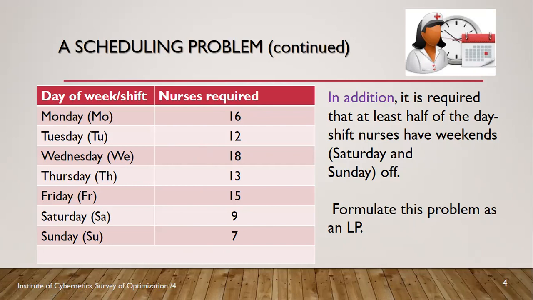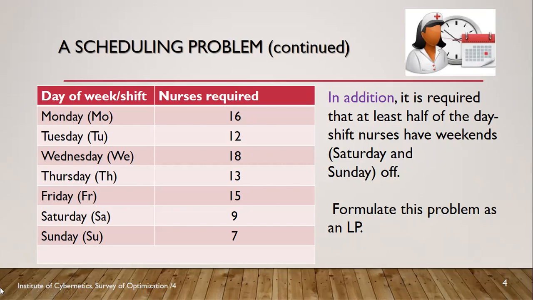But let's think about this. If we sum up all of the variables that reflect the number of nurses working every day, the number of nurses working on Monday will include those nurses that work different shifts. The first shift would be Saturday, Sunday, Monday, because they still work on Monday.